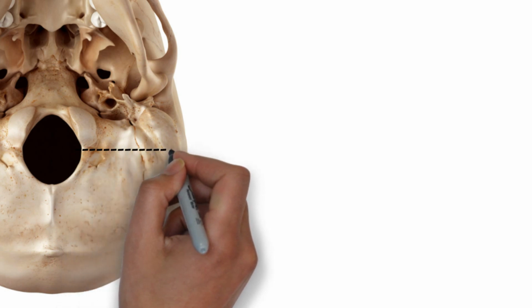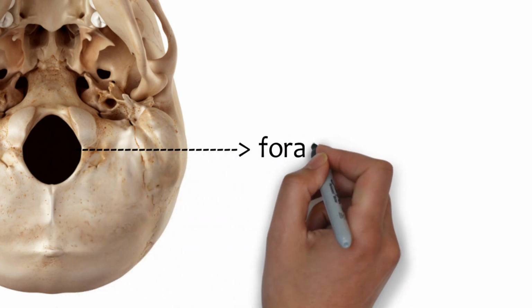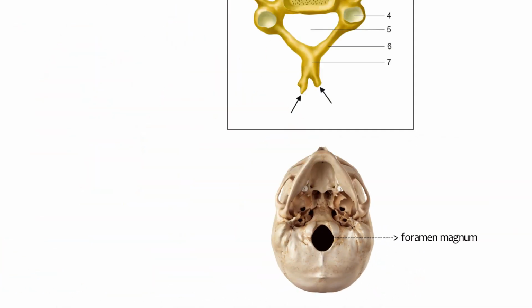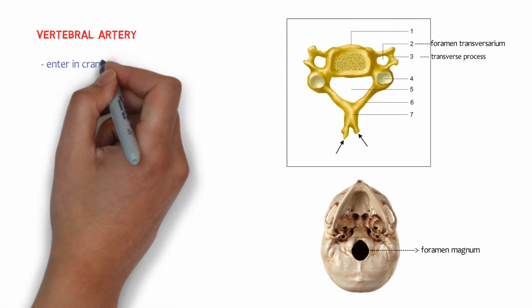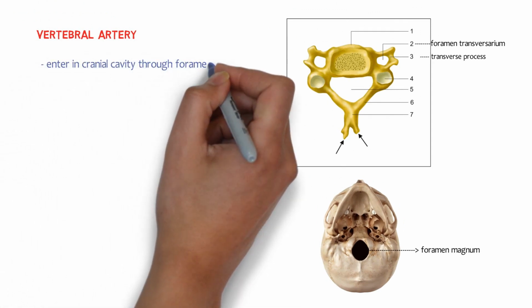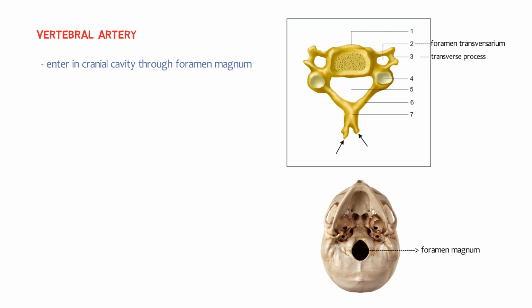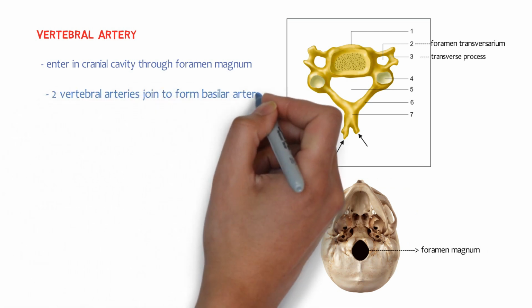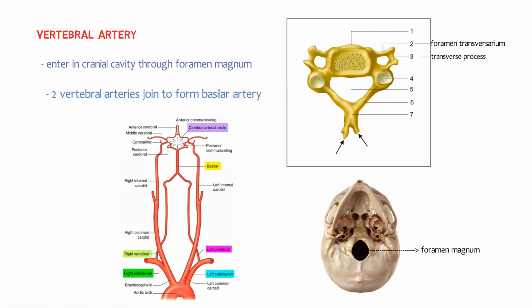From this foramen magnum the vertebral artery enters the cranial cavity. The two vertebral arteries combine to form the basilar artery, right? Look at this image. These are the vertebral arteries and they combine here and form the basilar artery.